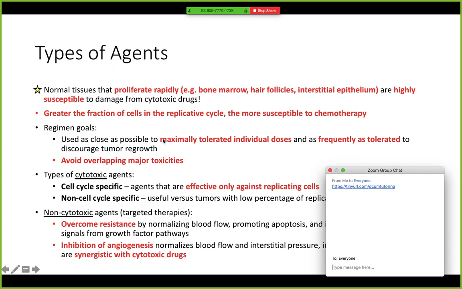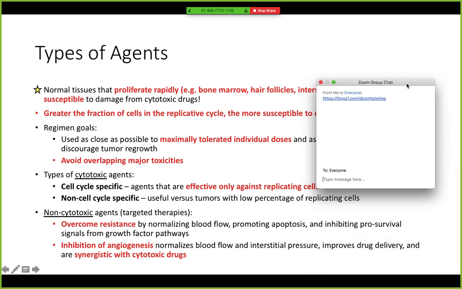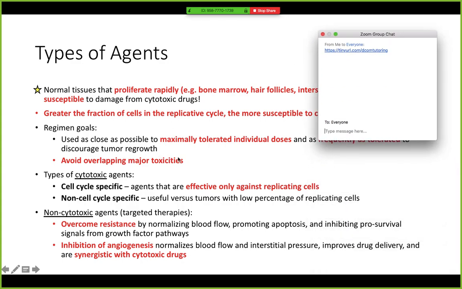You want to give a dose that is maximally tolerated, and also a frequency the patient can tolerate, so you want to go as hard and as frequent as what the patient will tolerate. And you want to avoid overlapping major toxicities, like giving 2 drugs that are cardiotoxic or nephrotoxic. That's something you'd want to avoid.